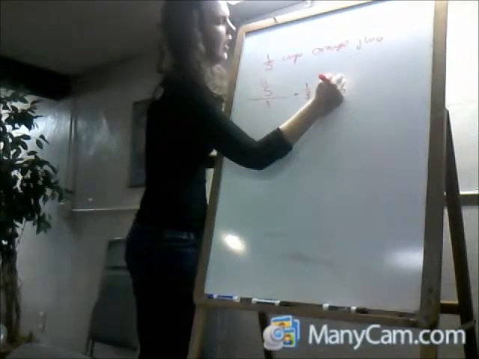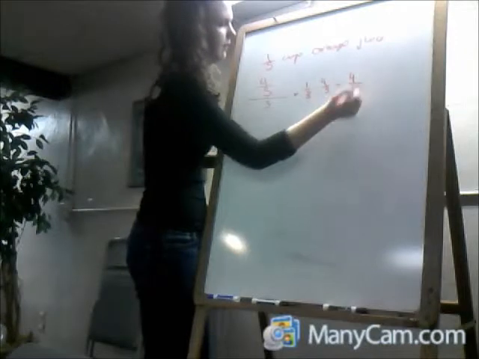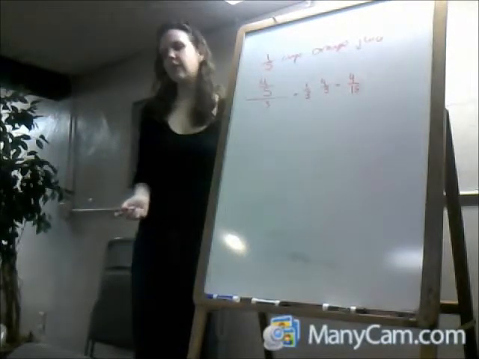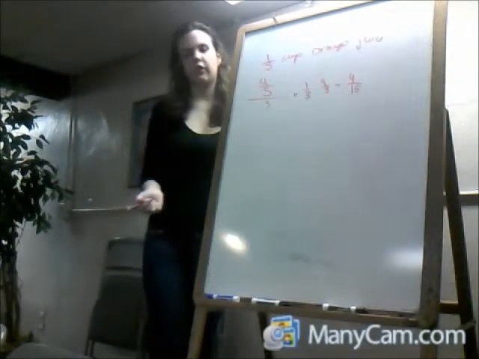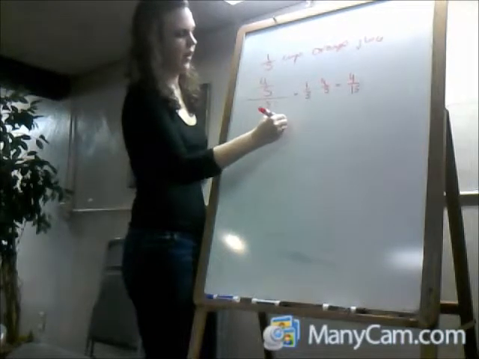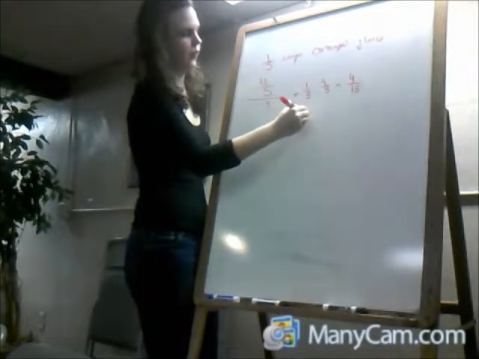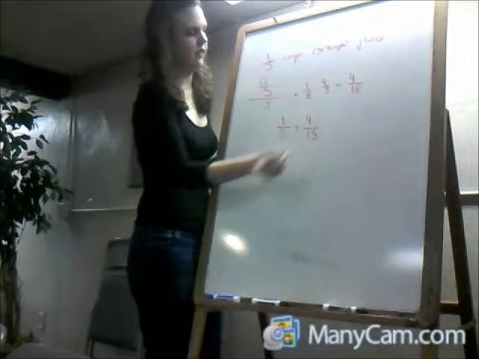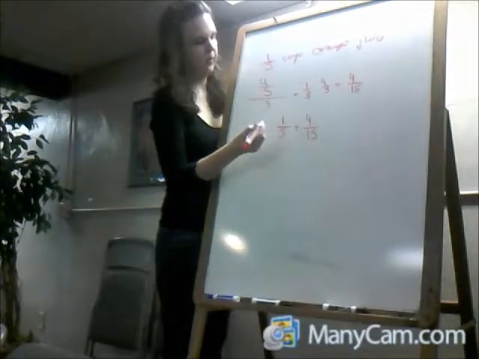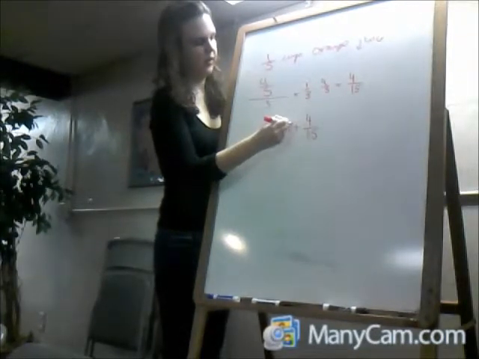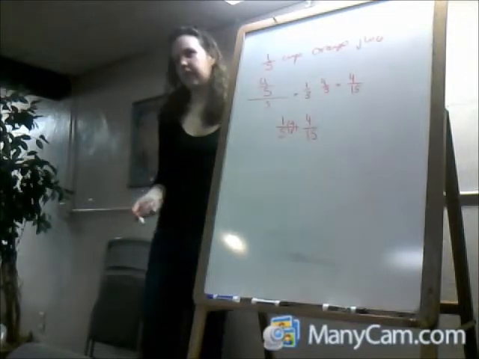So then we're going to have 4 divided by 15. All we need to do to find how much orange juice in total is in the cup is add that original 1/5 to this new 4/15 that's being added. And of course that means we have to find a common denominator, so we multiply by 3 over 3, and then we get it.